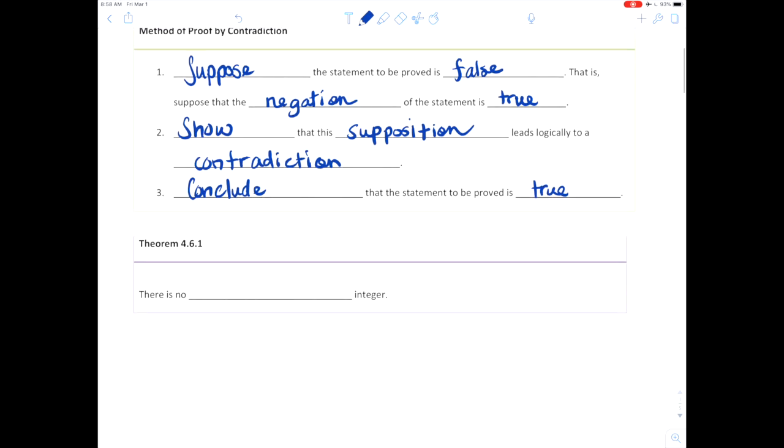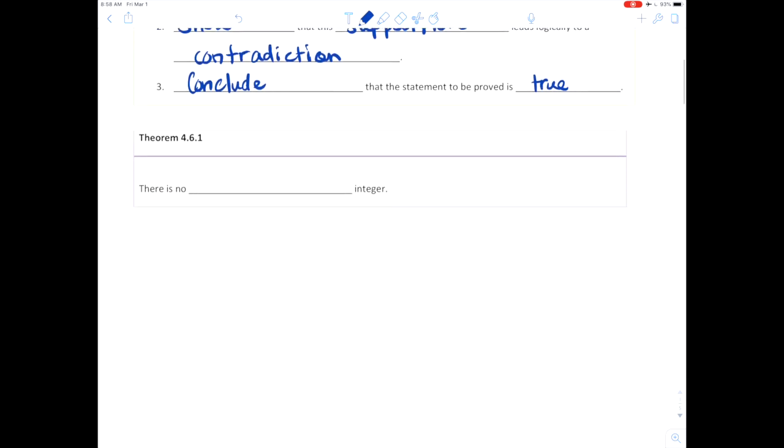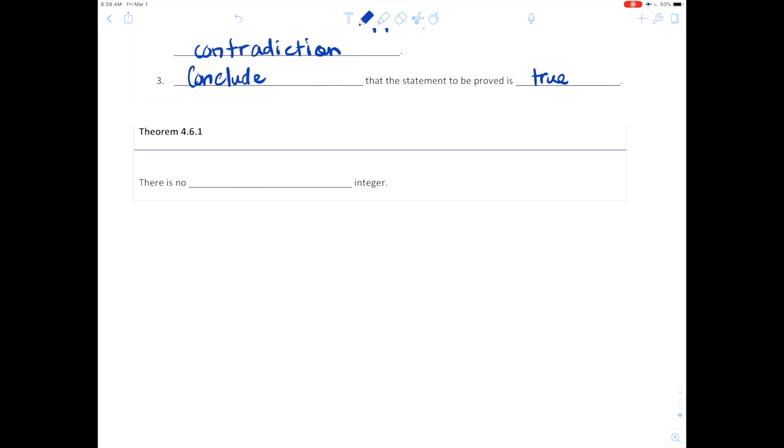All right? So here's a theorem that lends itself to that kind of proof. There is no greatest integer. So remember how your teachers are always saying, why are you putting brackets around infinity? Well, because infinity is just an idea, right? It's a direction. It says that this trend continues without end.